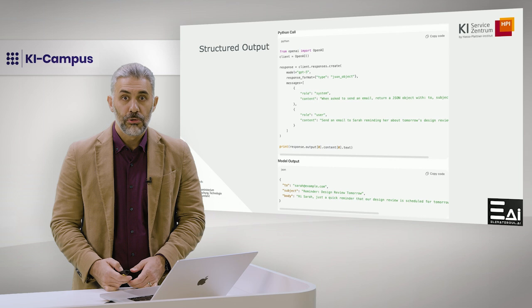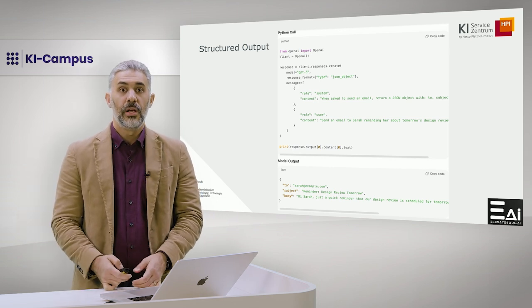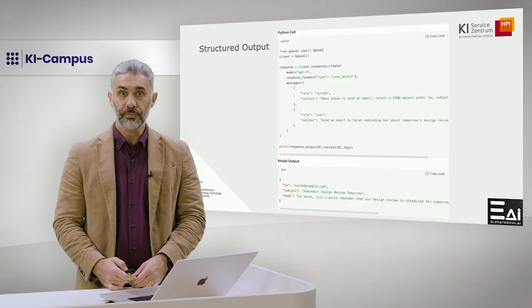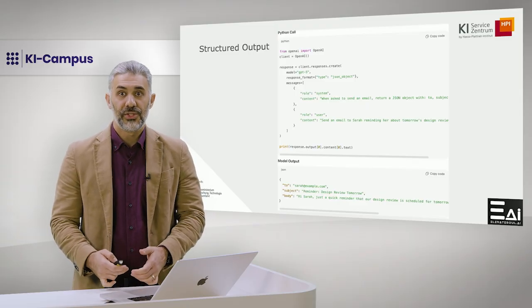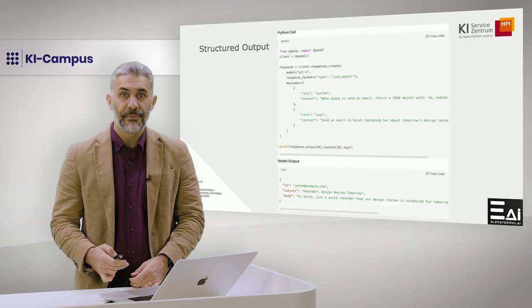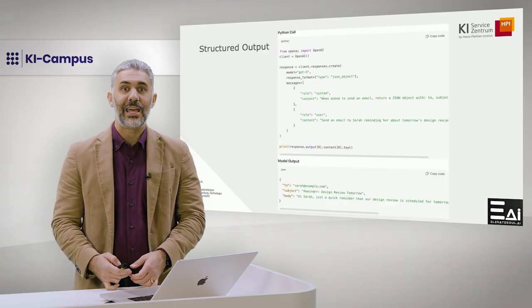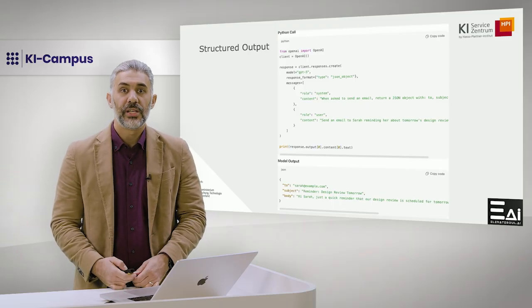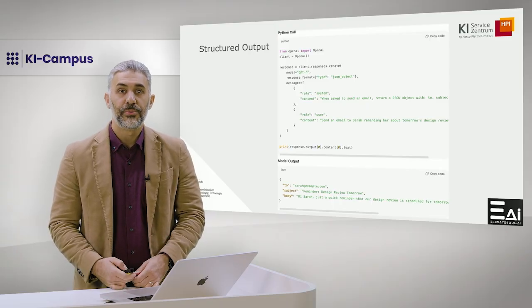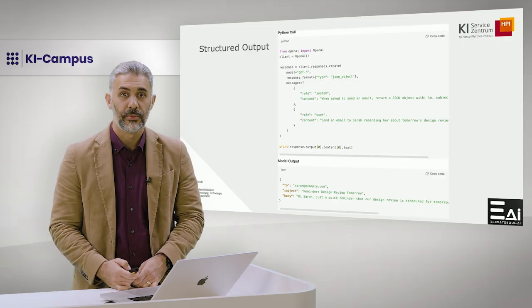A payment tool needs an amount, currency, and a recipient, not a friendly explanation. Most modern LLMs can enforce this directly. So instead of free-form language, we get responses the agentic AI system can act on. Structured output is what makes multi-step tool use, chaining, and autonomous workflows possible.